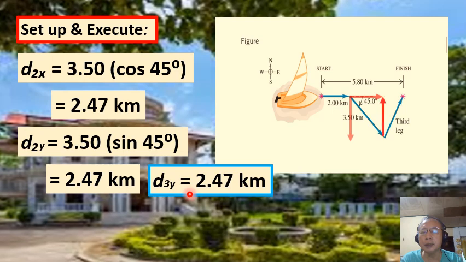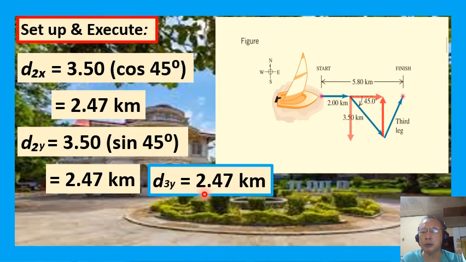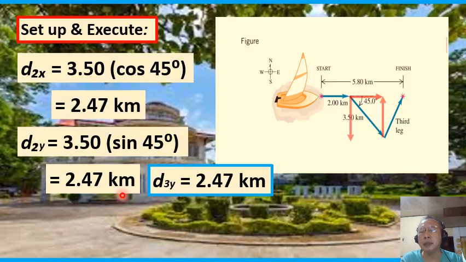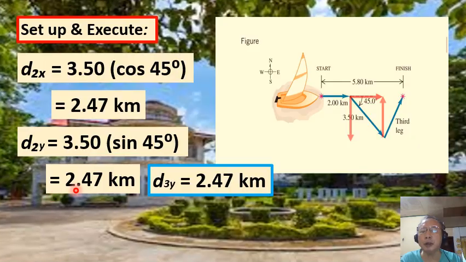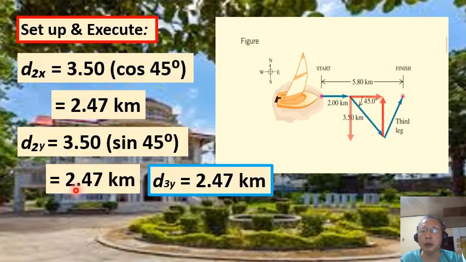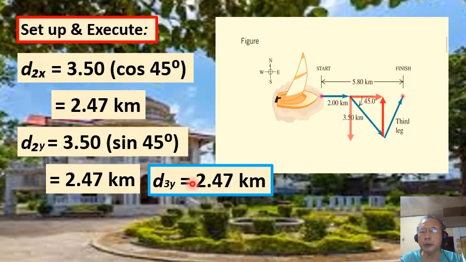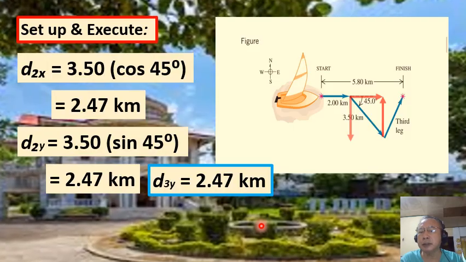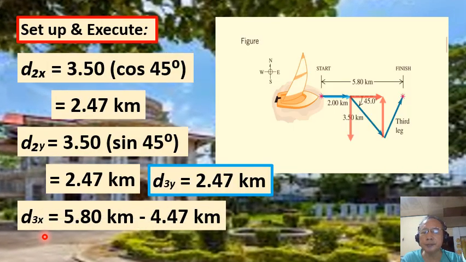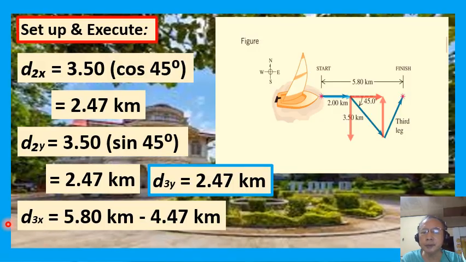So its magnitude is also equal to 2.47 kilometers, equal to the magnitude of the y component of d sub 2.